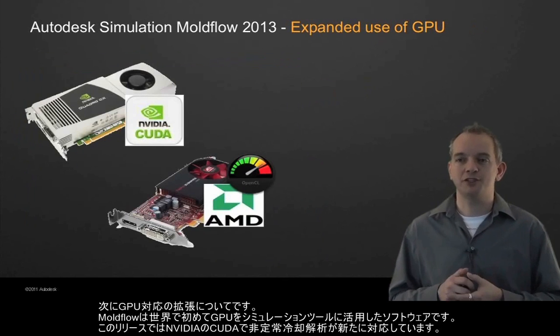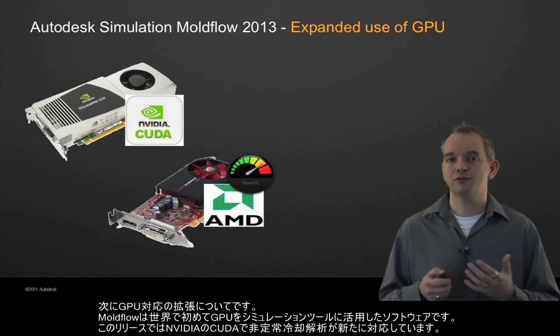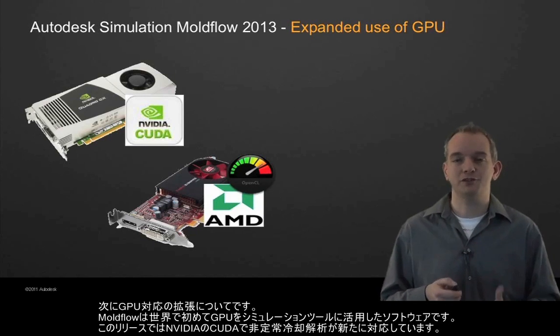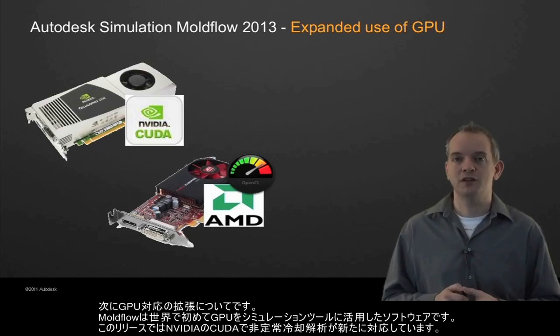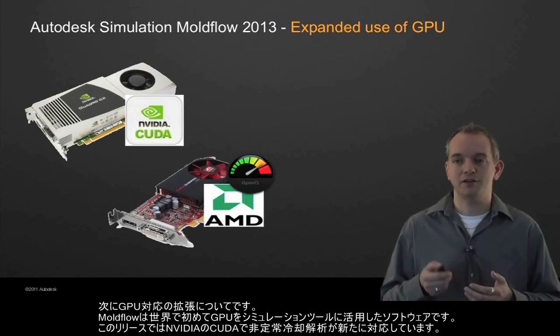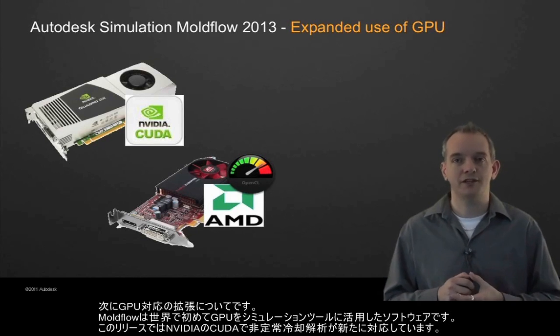We also expanded the use of GPU technology in Moldflow. Moldflow was one of the first companies that was able to use GPU technology, so compute power that's available in graphics, to drive a simulation tool. We now added extra capabilities to this, so now the CUDA technology is supported for our transient cool solver.